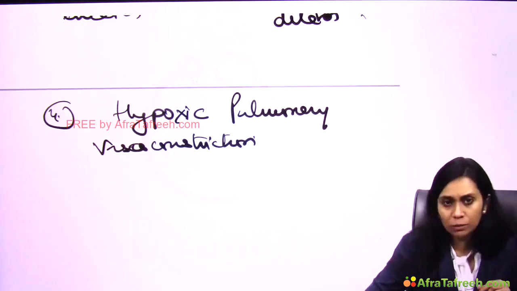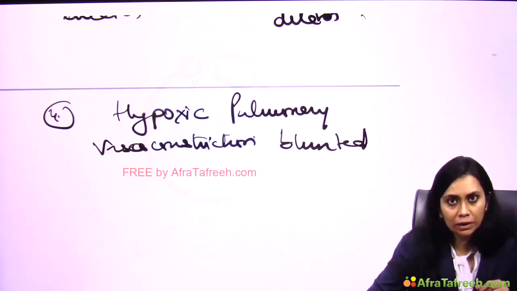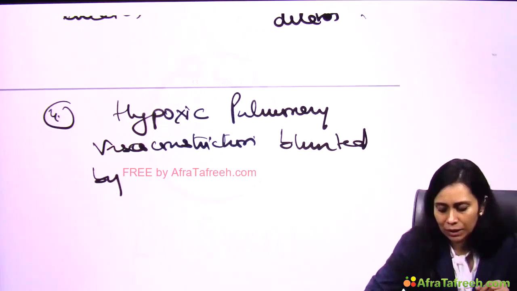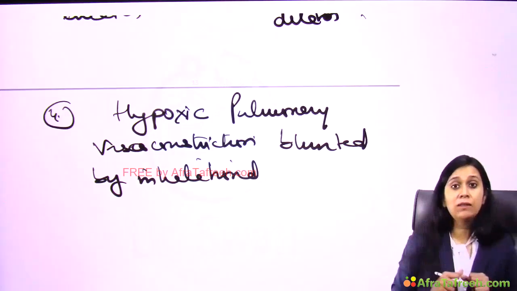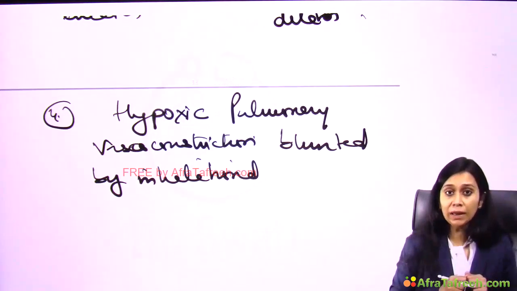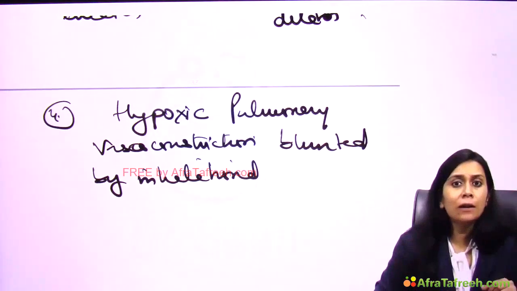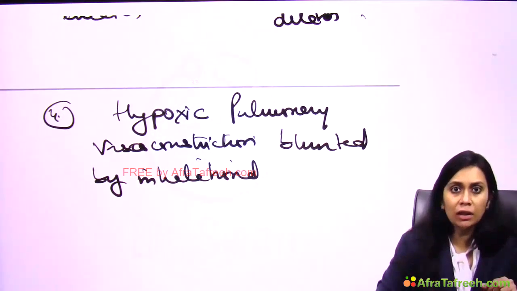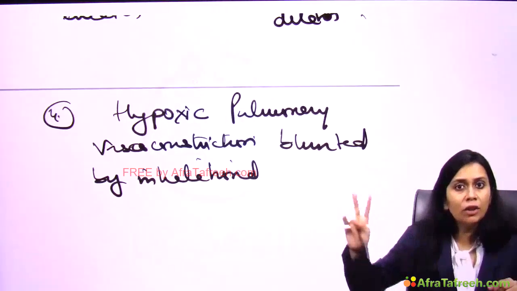So hypoxic pulmonary vasoconstriction is blunted by inhalational. Guys, it is maintained by IV. So for thoracic surgery, where there is already a ventilation perfusion mismatch, we avoid using inhalational and we try to use IV. Second benefit of TIVA. First benefit on neurosurgery, second benefit on thoracic surgery.